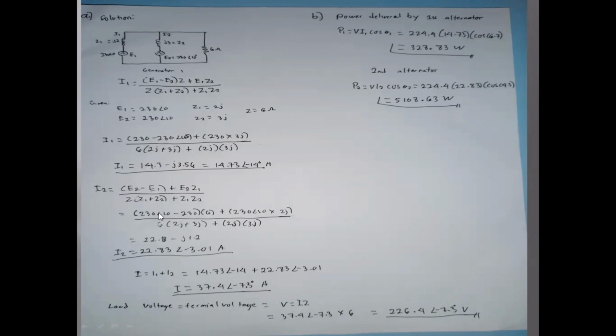So 230 angle 10 minus 230 times 6 plus 230 angle 10 times j2 over 6 times j2 plus j3 plus j2 times j3. This is 22.8 minus j1.2, so I2 is 22.83 angle negative 3.01 ampere.